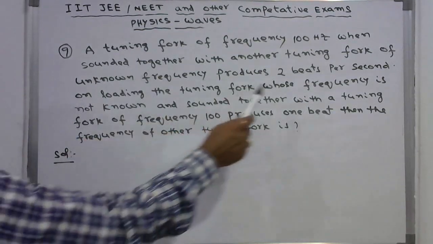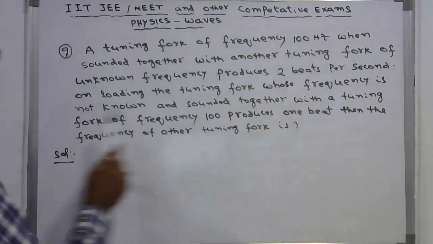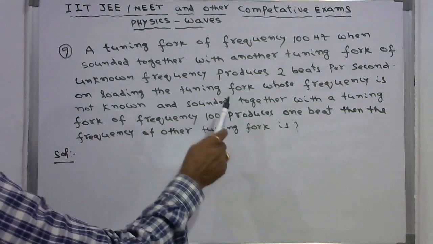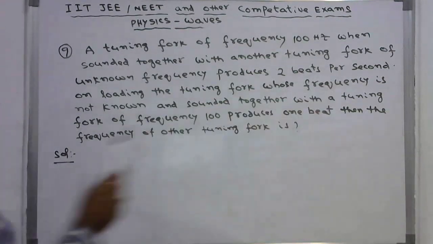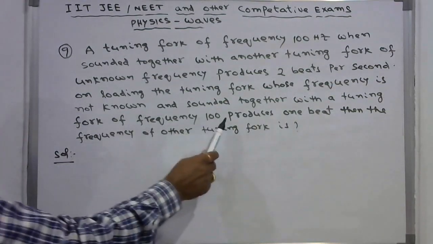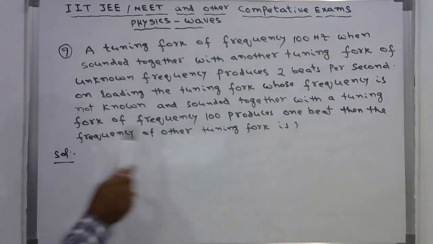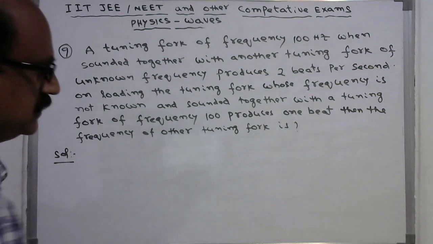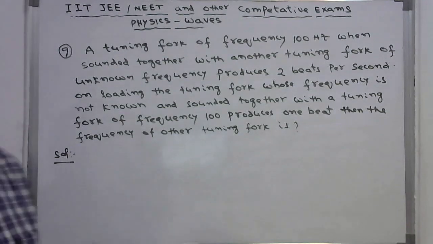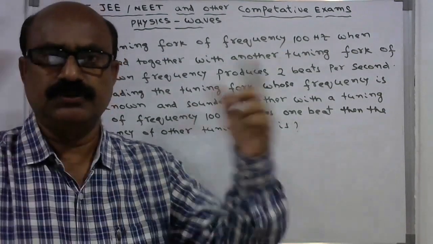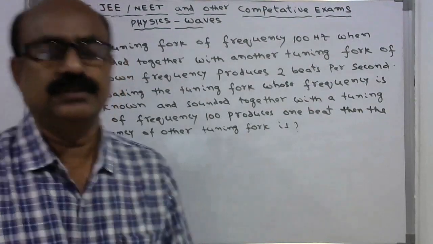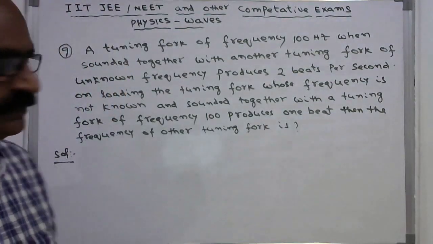On loading the tuning fork whose frequency is not known and sounding together with a tuning fork of frequency 100, it produces 1 beat. Then the frequency of the other tuning fork is. So this is a very simple problem. It seems to be very big, but the problem is very simple.